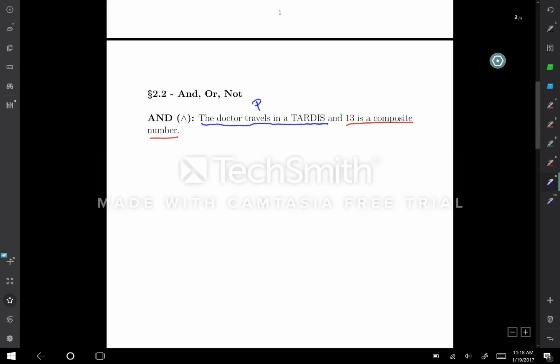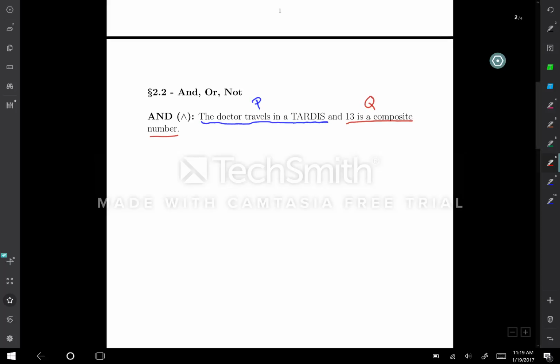The way we will denote this is each statement will be given a name. In this case, we'll call our first statement P, our second statement Q, and symbolically we will write P and Q. This symbol is wedge in LaTeX.